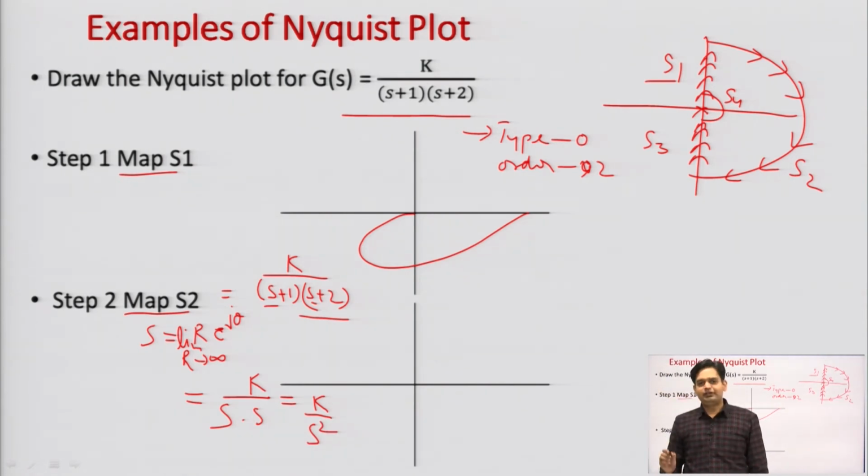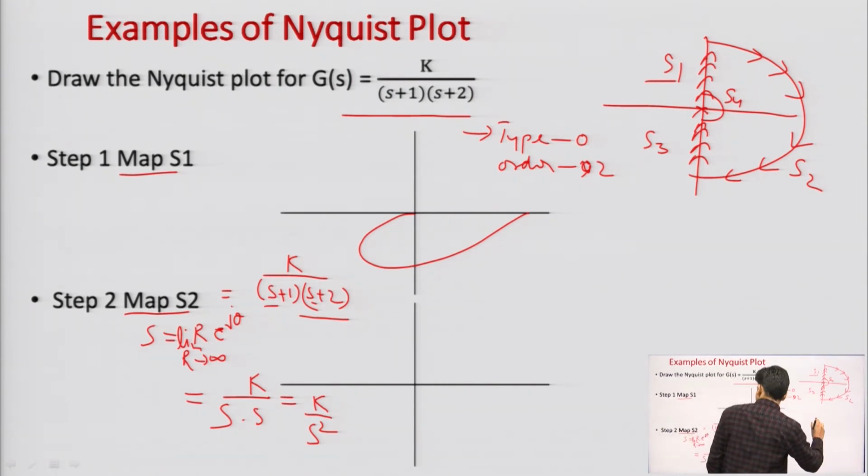Now we need to replace s by limit r tends to infinity of r e^(j theta).